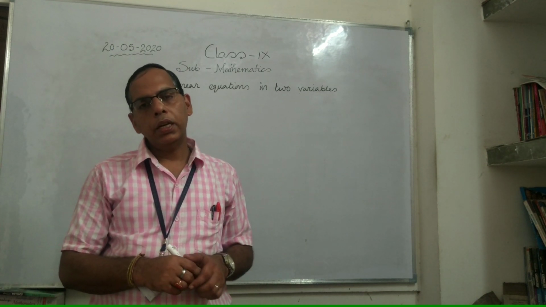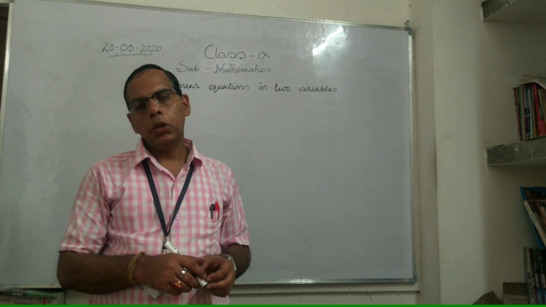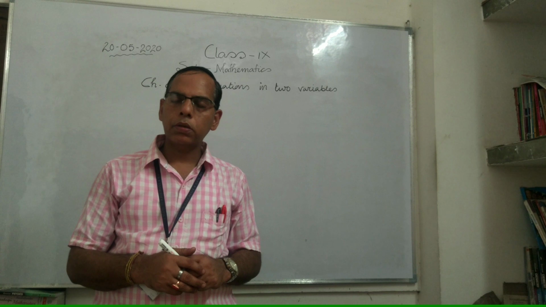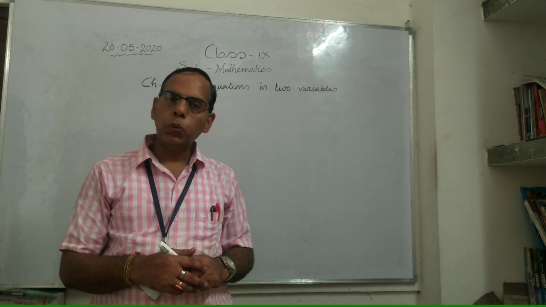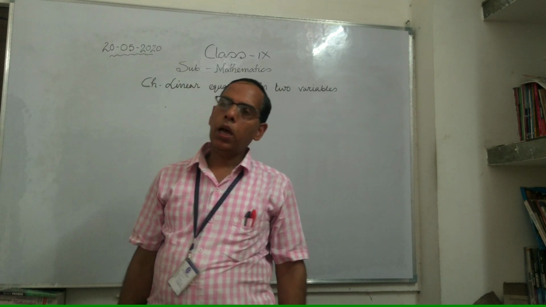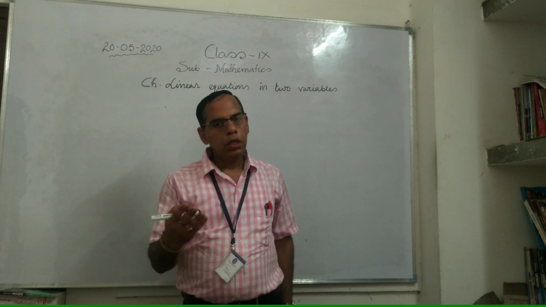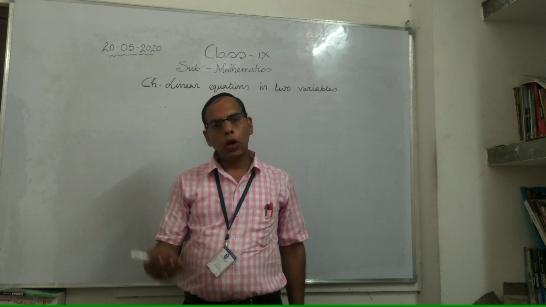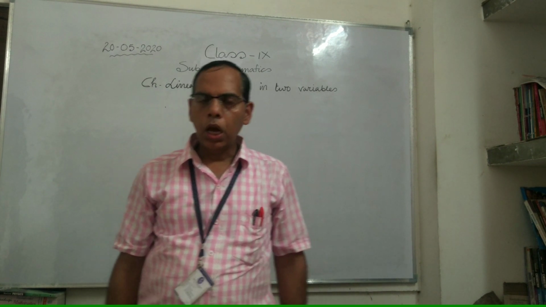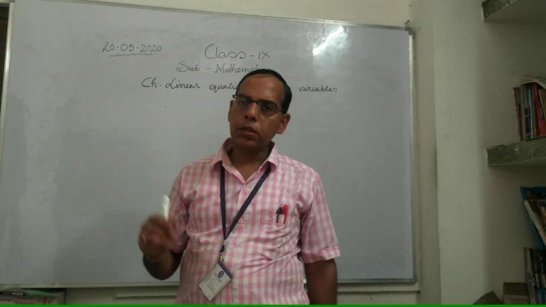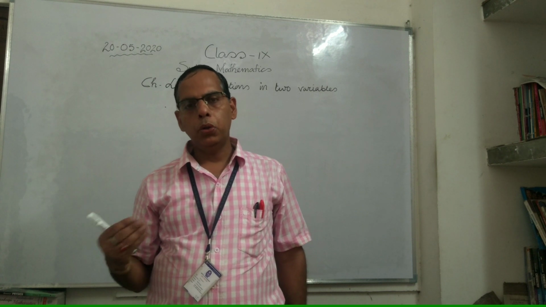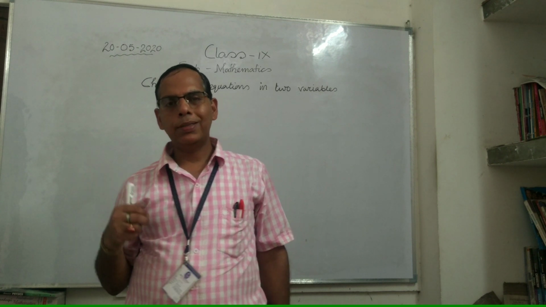Yesterday we studied the linear equation in two variables, how to find the values of the variables, then how to check whether the given coordinate lies on the straight line or not, or whether it is the solution of the given equation, and also how to calculate the unknowns if the coordinate is given.